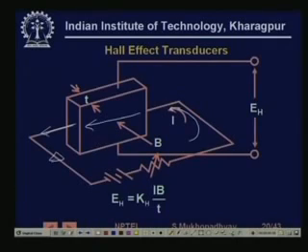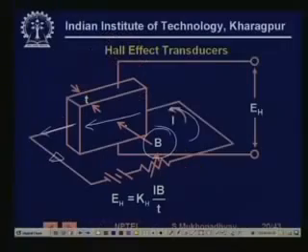Now on a perpendicular axis a magnetic field is applied, with a flux density of B going through the semiconductor. It turns out that if you send a current in one direction and apply a magnetic field in a perpendicular direction, then along the third direction a potential difference will be developed.